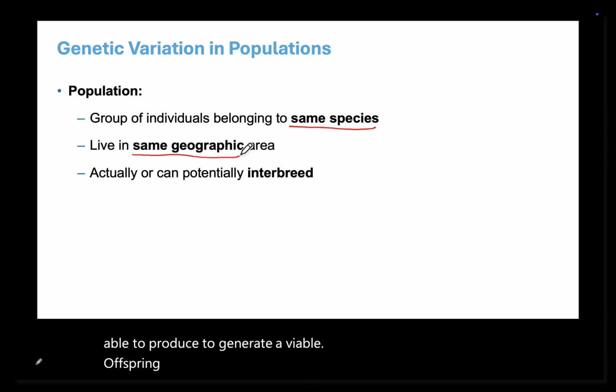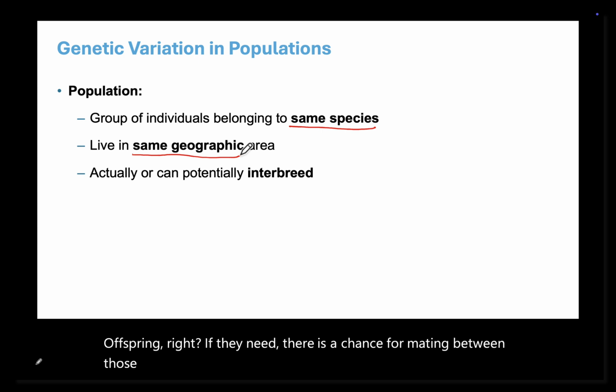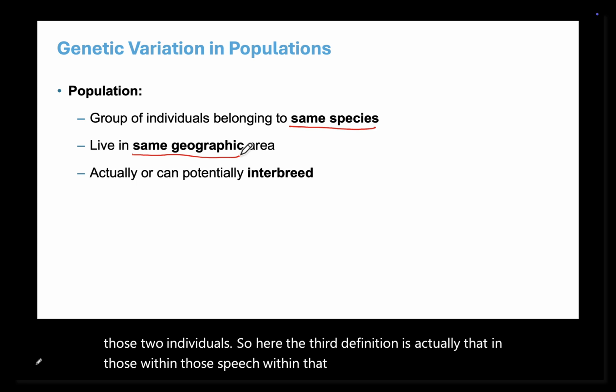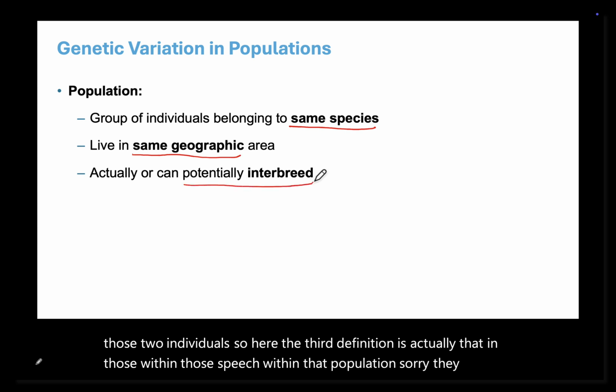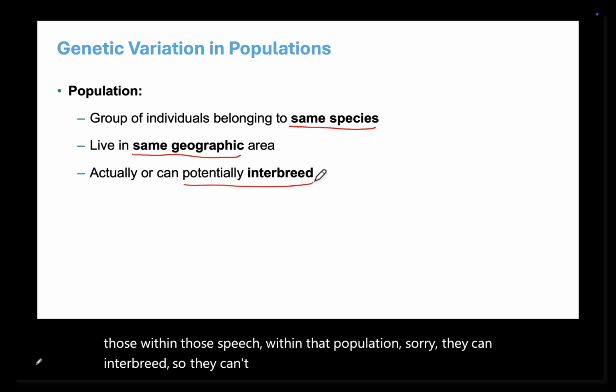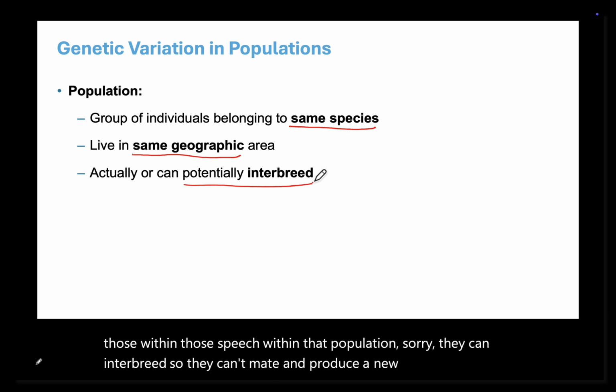If they meet, there is a chance for mating between those two individuals. So here the third definition is that within that population, they can interbreed, so they can mate and produce a new generation. All right?